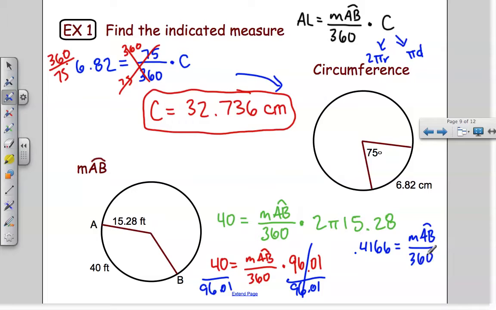That's what's left over here. And then my last step is to get this arc alone, it's being divided by 360, so multiply by 360. So I'm keeping that answer in my calculator times 360. And I get, well, it's 149.98 or 99. I'm going to kind of round up here and say 150 degrees equals a measure of arc AB.